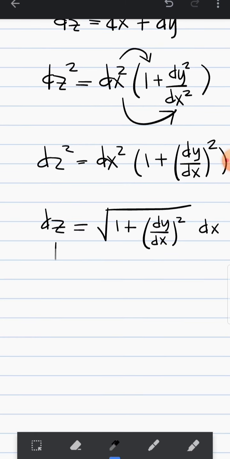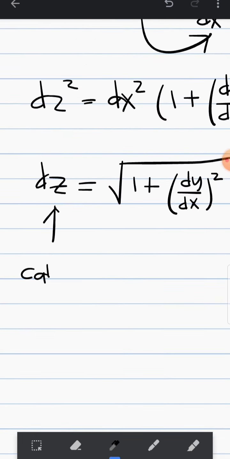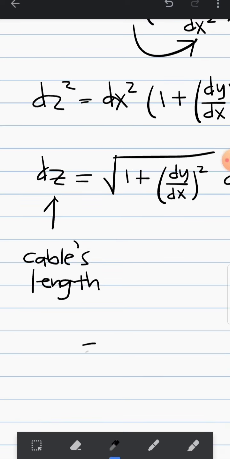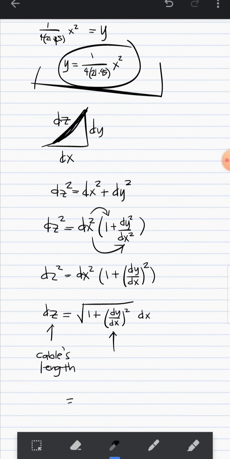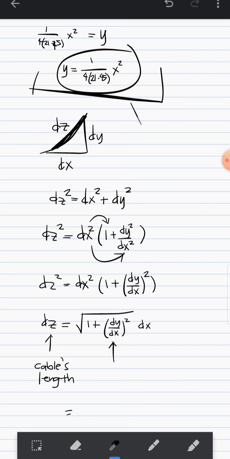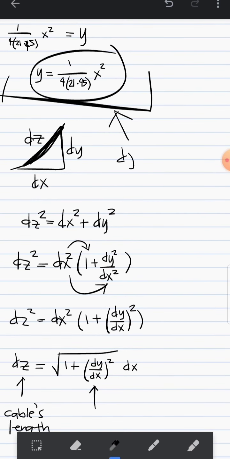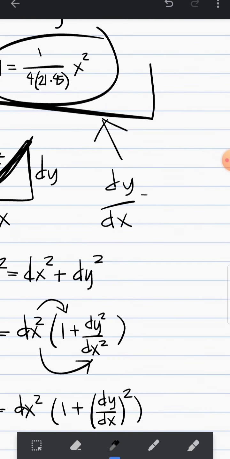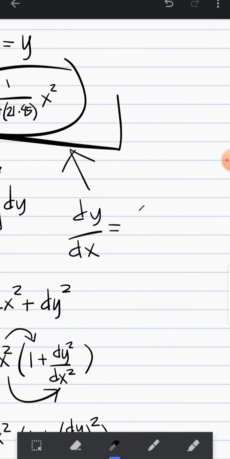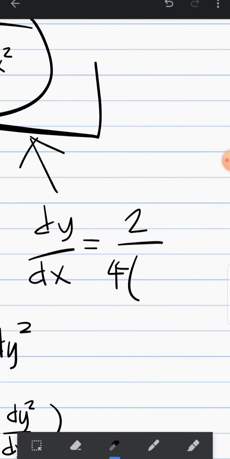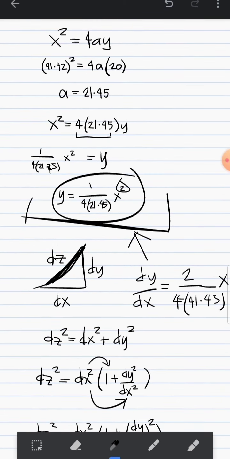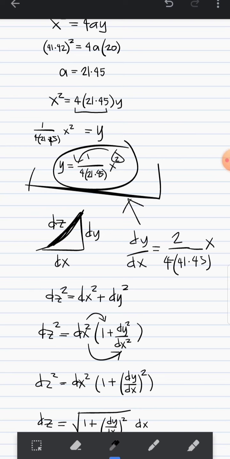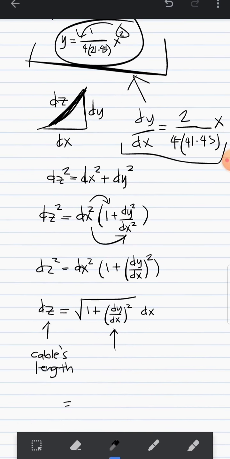Recall that this z refers to the cable's length, and this is just the derivative of the equation of the curve of the parabola. So first, let's get its derivative. The derivative of that equation is simply 2 over 4 times 21.45 x: bring the 2 down and subtract 1 from the exponent.